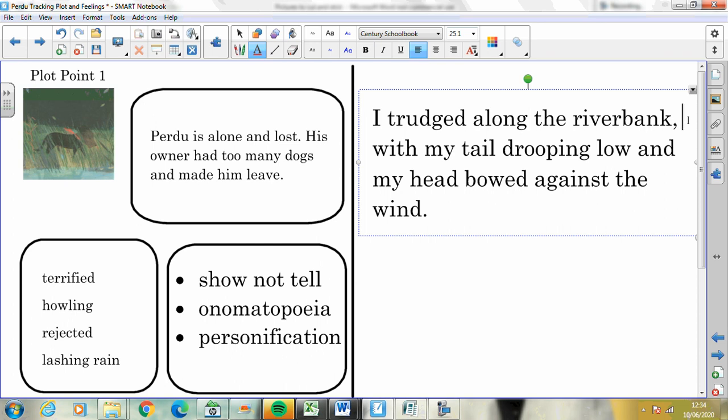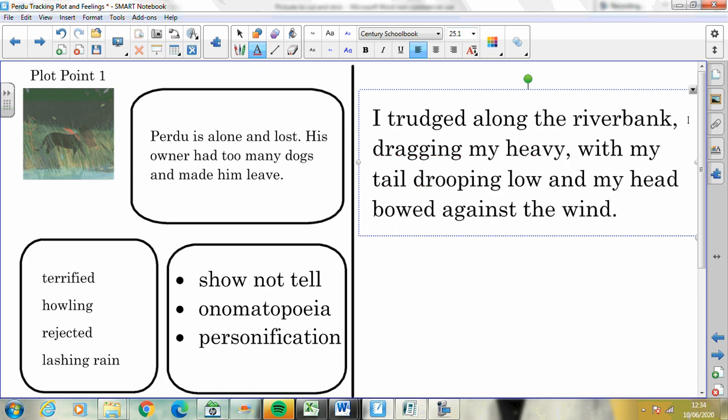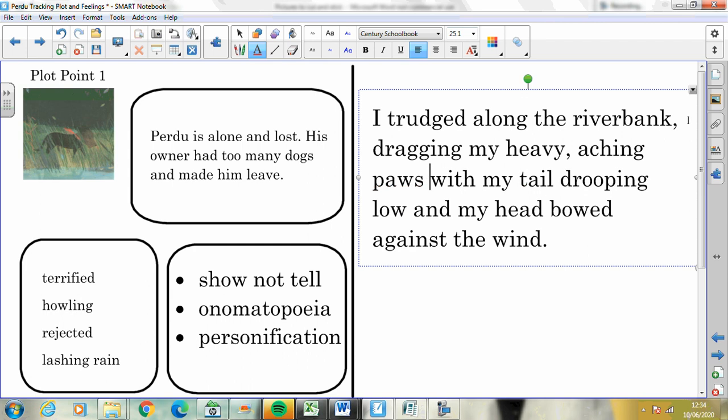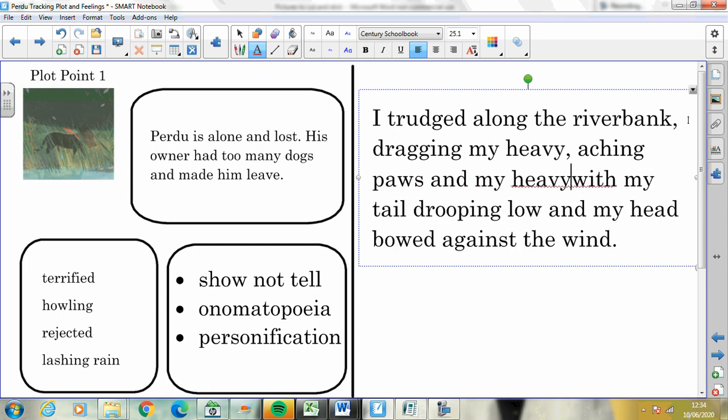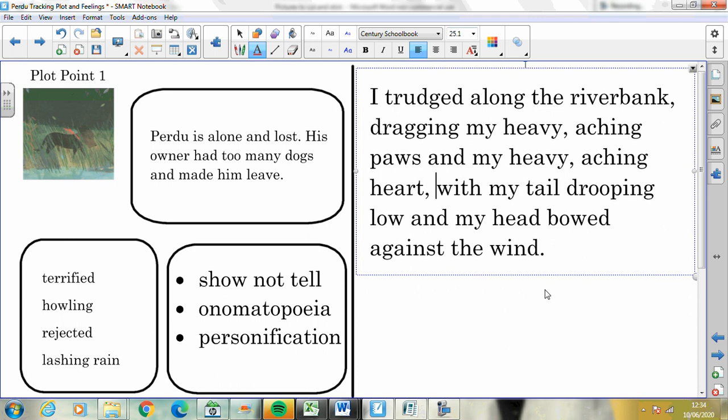I trudged along the riverbank, comma, dragging my heavy, aching paws and my heavy, aching heart, with my tail drooping low and my head bowed against the wind. And even just that word there, I trudged along the riverbank instead of saying I walked along the riverbank, is much more effective. Because if we trudge, it means that we're really dragging our feet, feeling really fed up. Okay, so there's sentence 1.